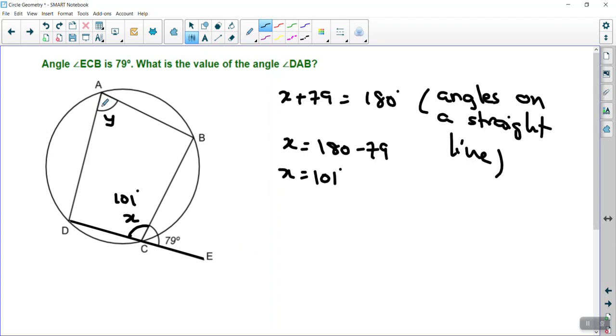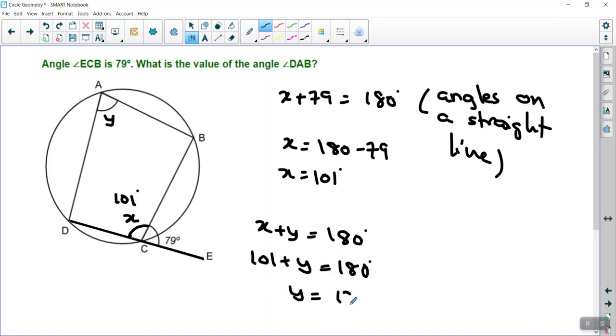Again, using the property of cyclic quadrilaterals, we can see that x plus y is also 180 degrees. That means 101 plus y is 180 degrees, which would give us y equal to 180 minus 101, which is 79 degrees, right? We could have seen that even by observing that they would turn out to be the same.